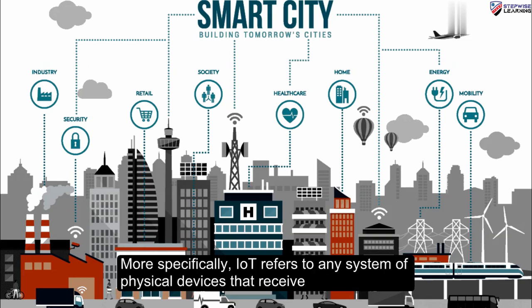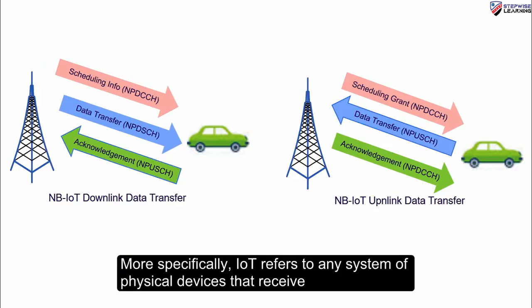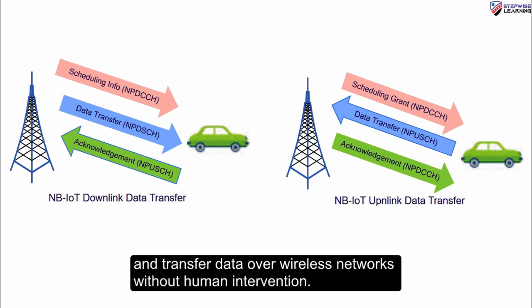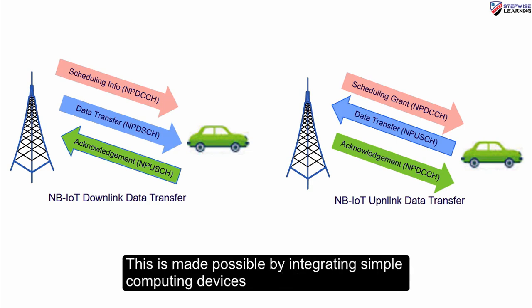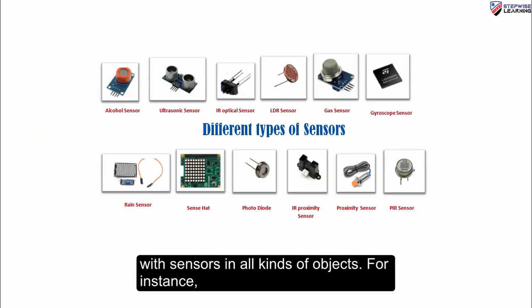More specifically, IoT refers to any system of physical devices that receive and transfer data over a wireless network without human intervention. This is made possible by integrating simple computing devices with sensors in all kinds of objects.